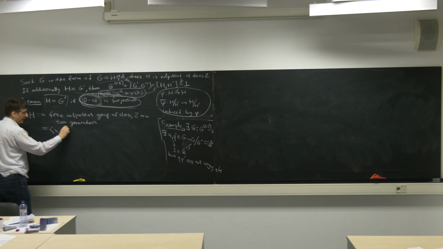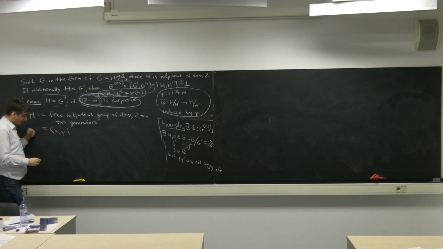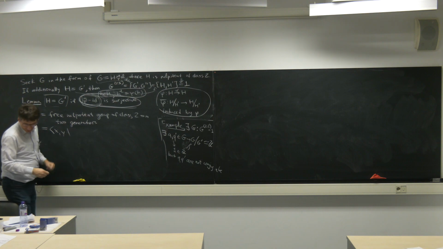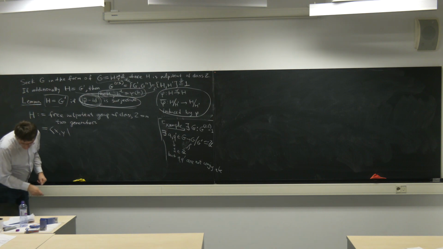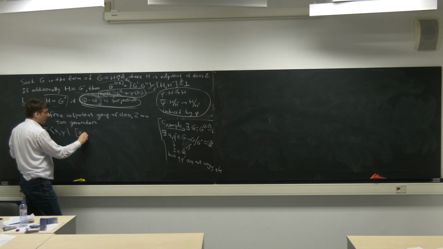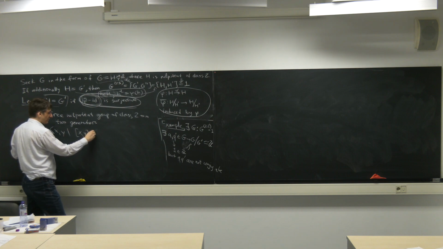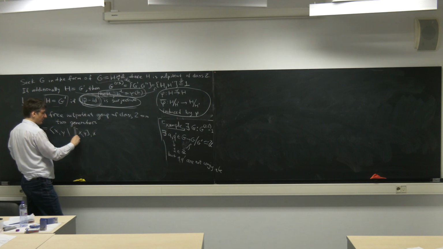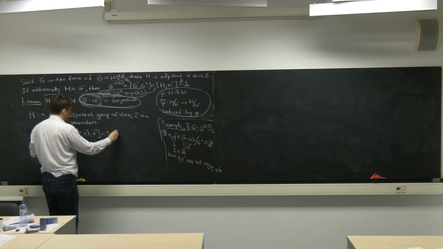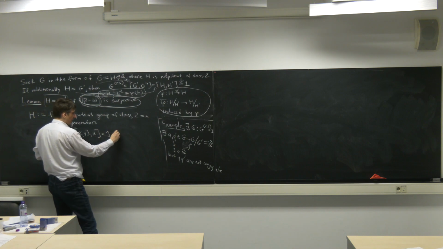It has two generators and two relations, which basically say that the commutator commutes with everything. The commutator of x and y commutes with x, and it also commutes with y.